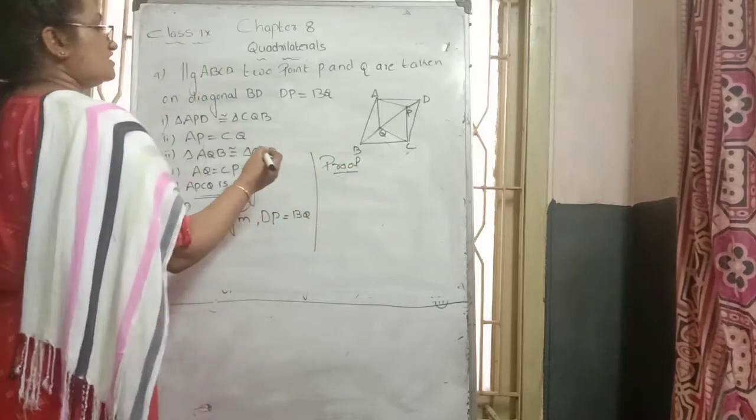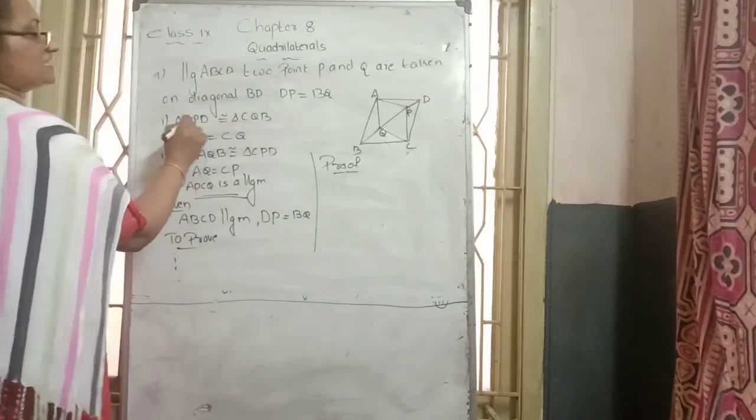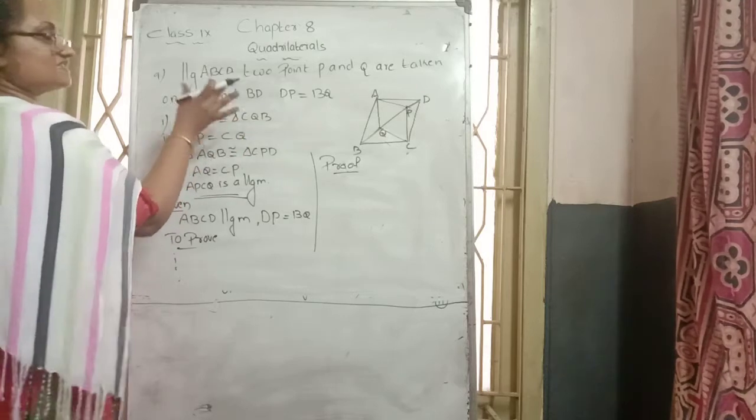In the proof, we start with the first case, the triangles they asked us to prove congruent.